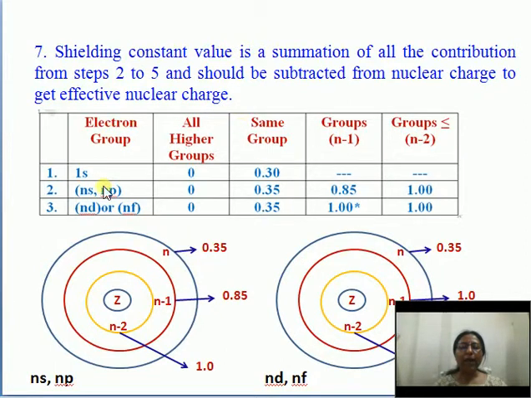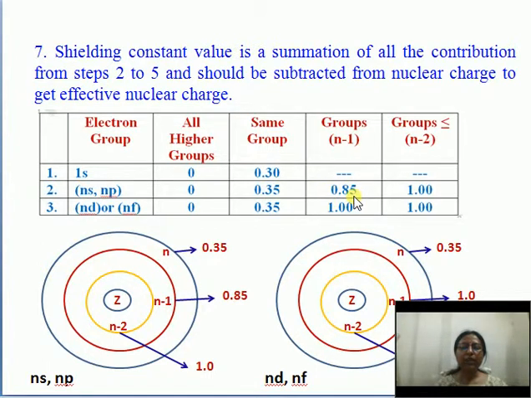Now I have tabulated the values I told you earlier. You can check it. For the same group, you have a contribution of 0.30. For the ns np group, higher groups will always have a contribution of 0. Then for ns and np, the same group will have a contribution of 0.35 and group n-1 will be 0.85.